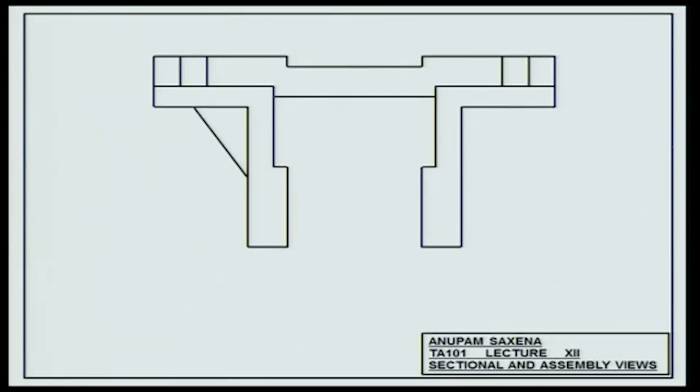Got the ribs on the bracket, center line, two little holes in the bracket, countersunk or counterbore.